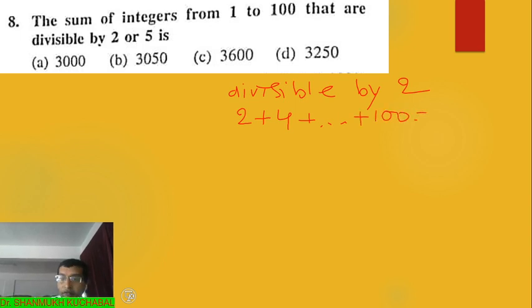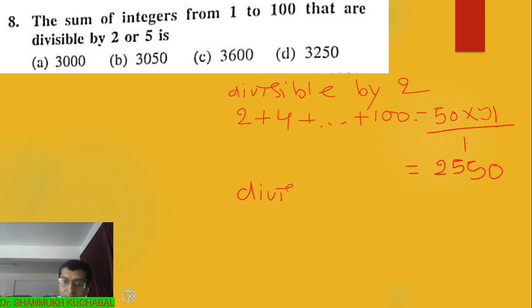This is given by the formula, 50 into 51, which gives us 2550.